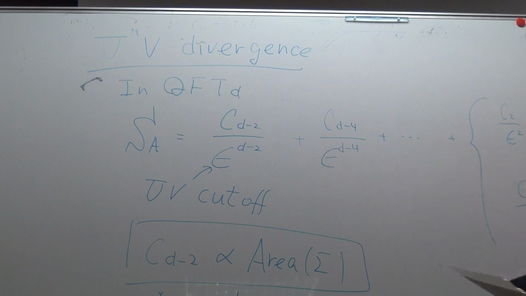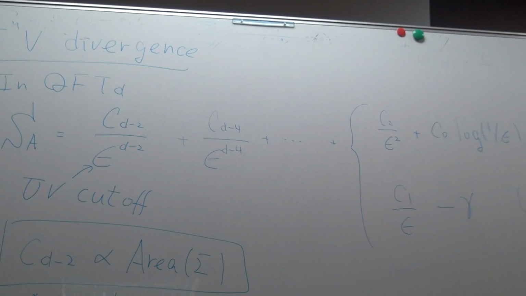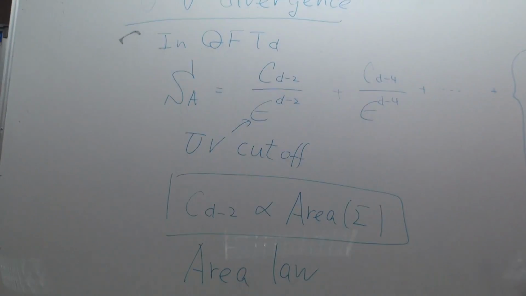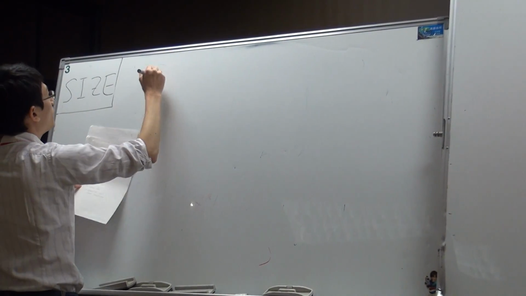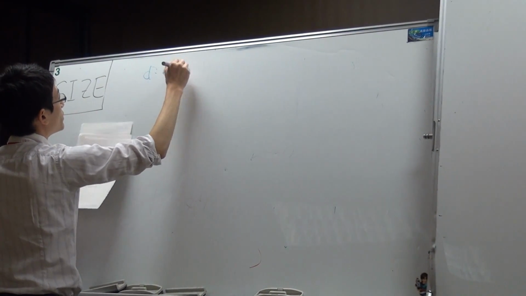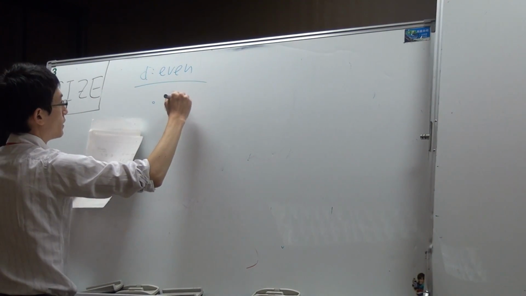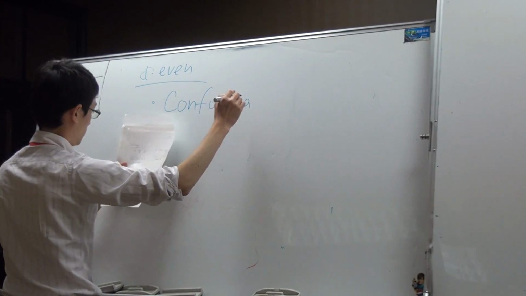So when d is even, there is a conformal anomaly in the theory.